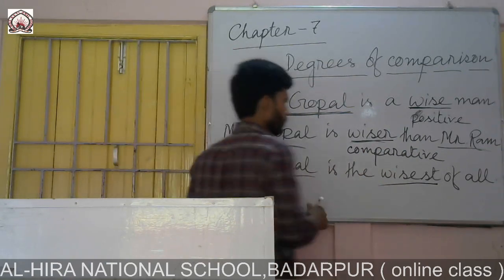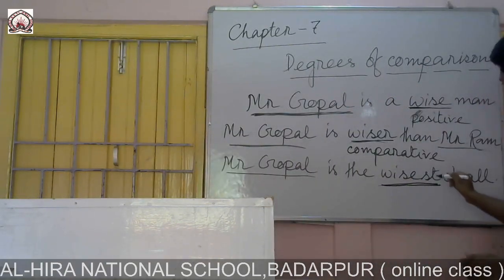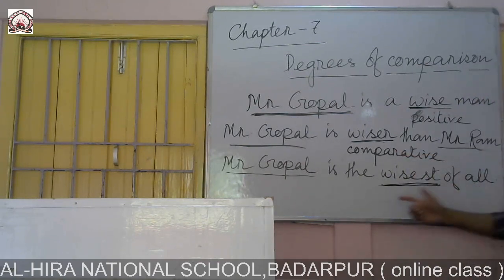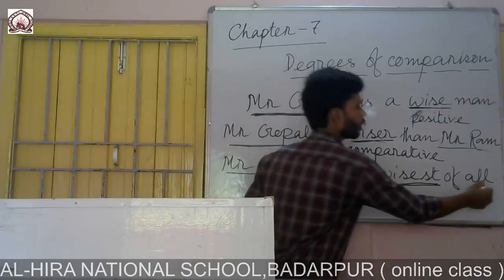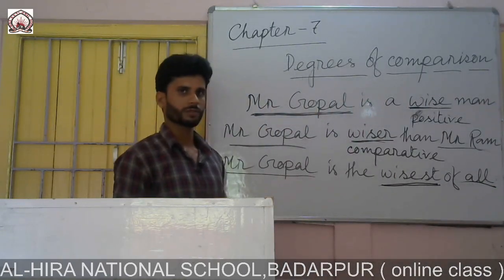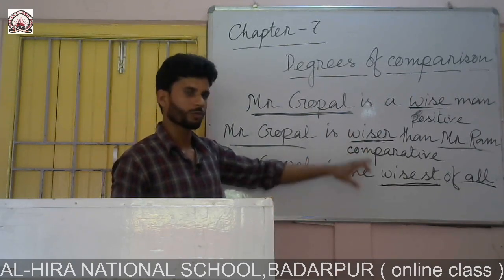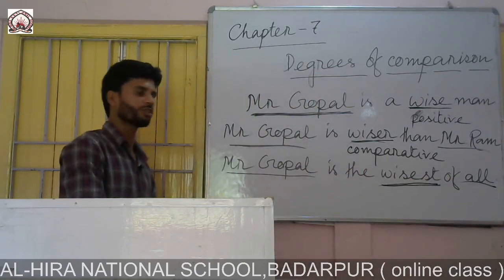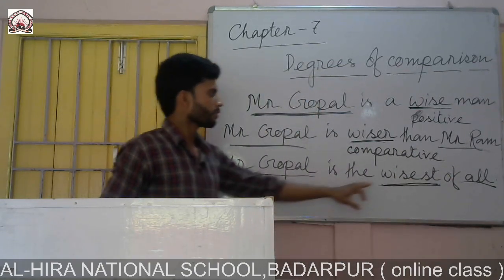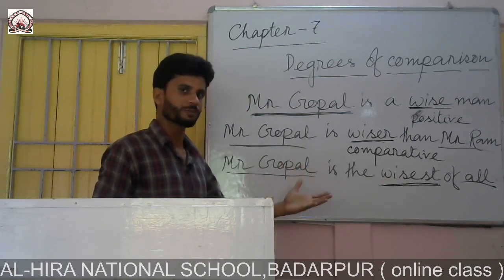And when we say Mr. Gopal is the wisest of all, this word all clearly tells us that it is not a case of two. When we say all, it clearly indicates that it is more than two. So, here this word wisest is describing more than two people.